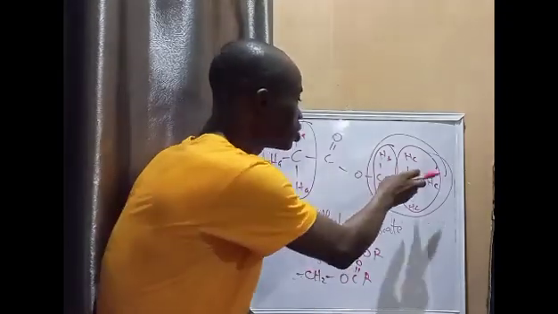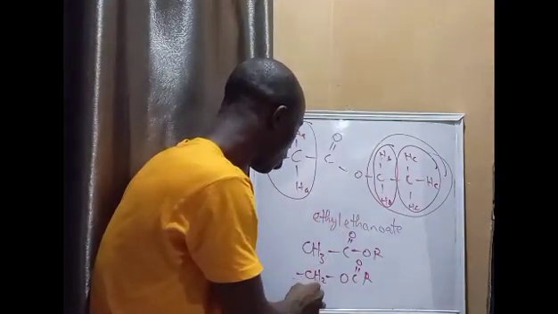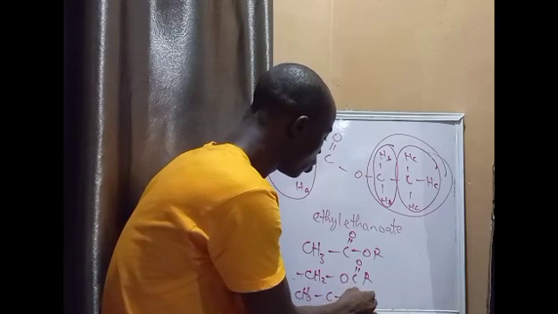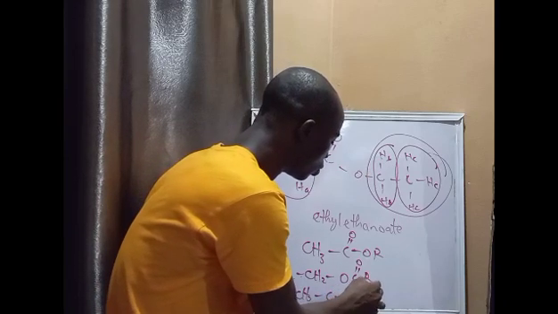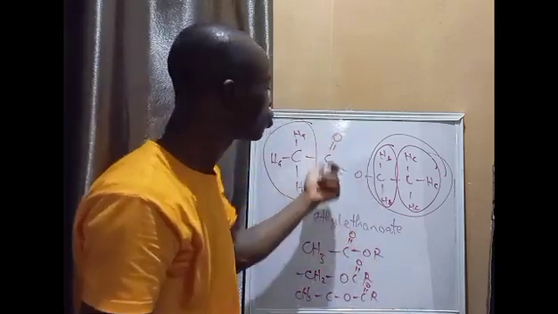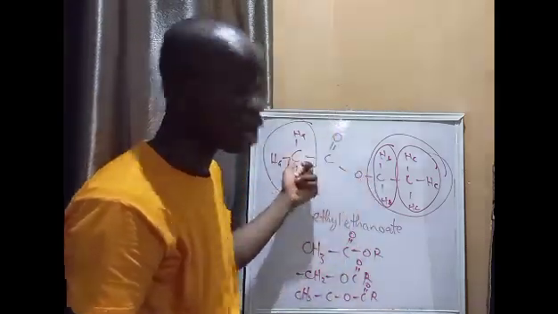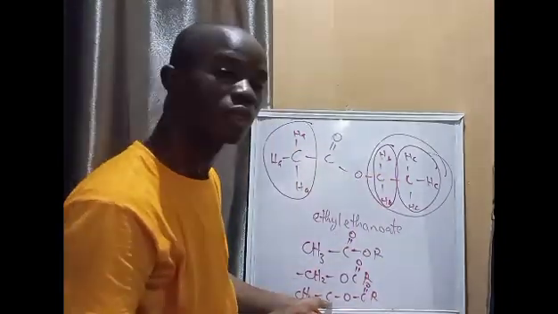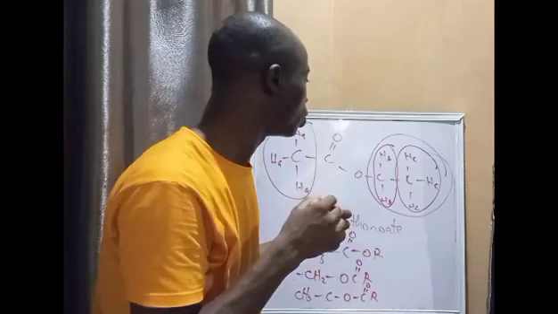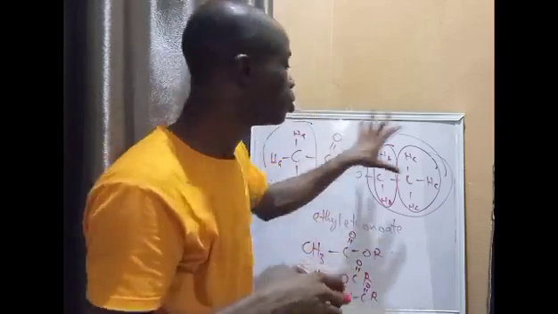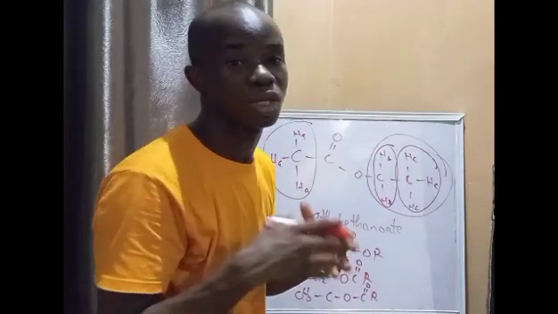At the same time, for this last one, you have to check for where you have CH3 attached to C and you have OC double bond O and you have R, because between this functional group, which is OCOR, you have a carbon in between them. That's why you are having this one here. And that's how to read the chemical shift of different protons from the table of values given to you.